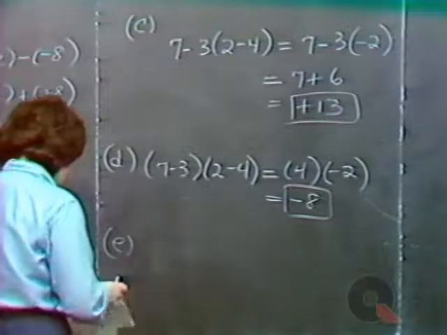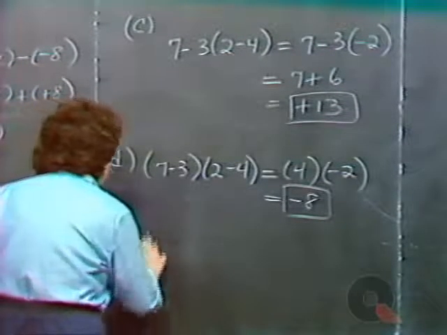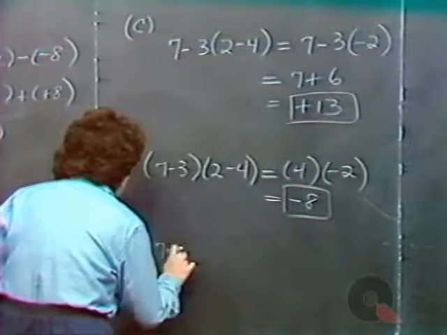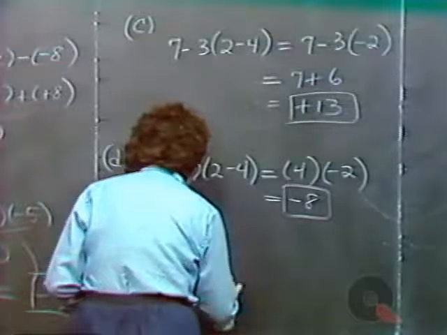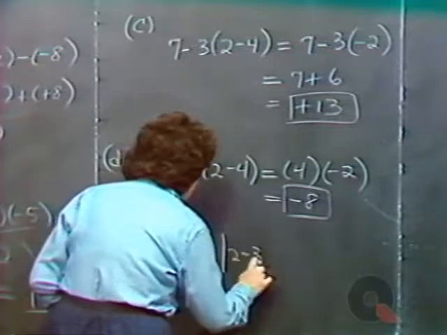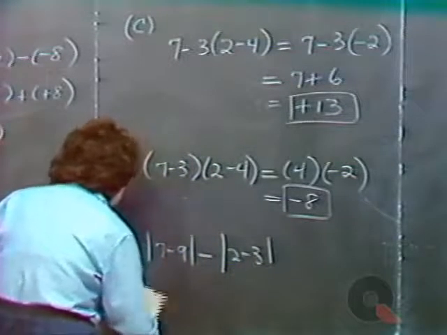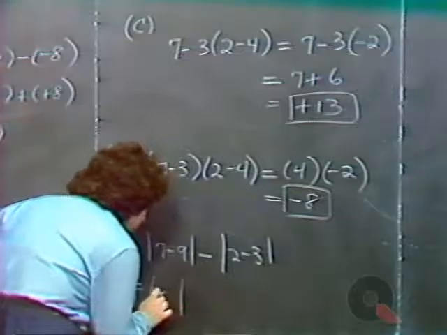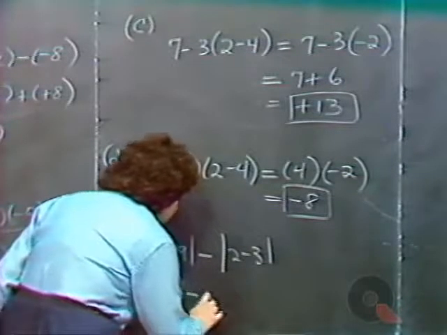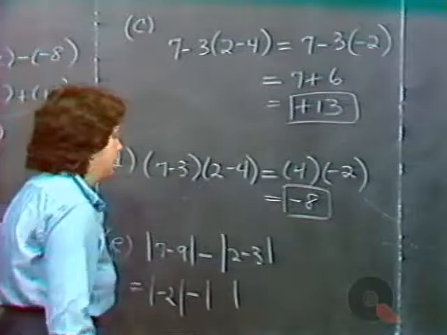Okay, in problem E, we have the following. The absolute value of 7 minus 9. Subtract now from that the absolute value of 2 minus 3. This is the absolute value of 7 minus 9, that's minus 2, minus the absolute value of 2 minus 3.